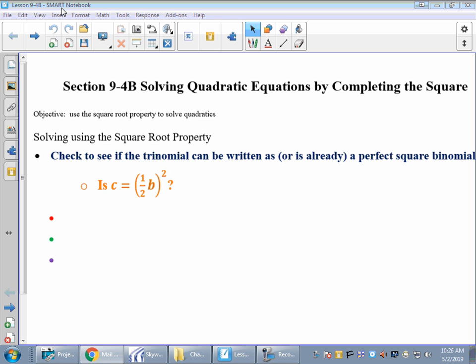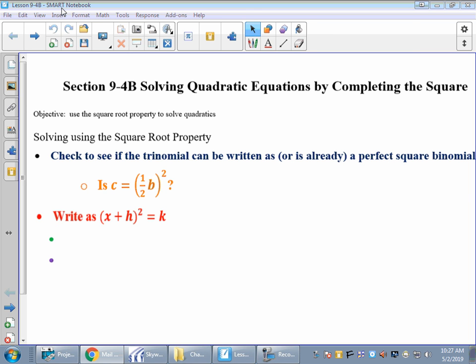If so, then we don't have to do any adding or subtracting on the inside or outside of the parentheses, and we can just go with the square root. Okay? So after that, we can write it as that perfect square binomial, (x + h) squared equals k.